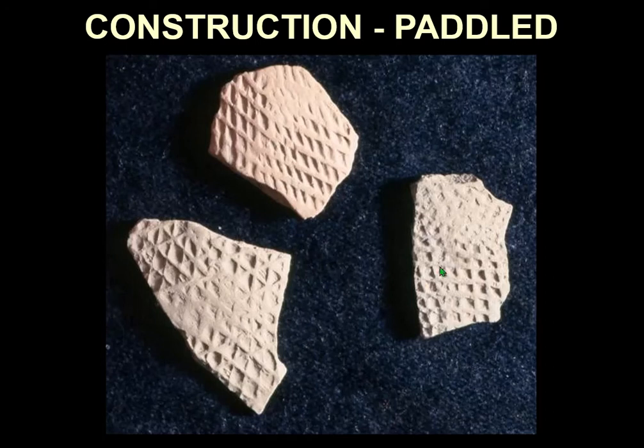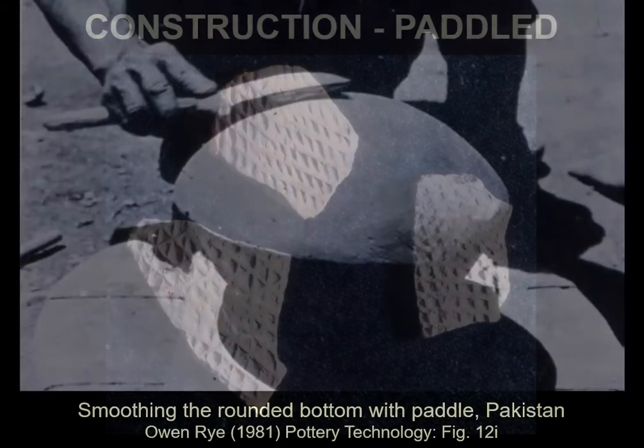This is some pottery from the Yemen again, but they're actually imports from India, and in this they were using a paddle that had a pattern on it to create this interesting design. So that's a pattern created by the construction.